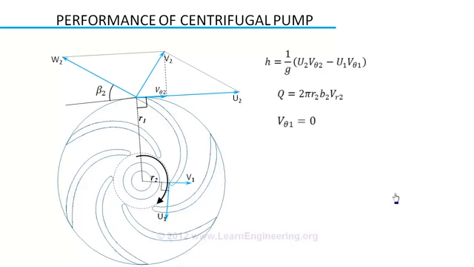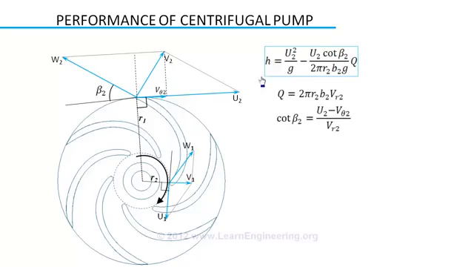So the energy head developed by the pump simplifies like this. Blade angle can be easily derived like this. You can easily substitute a value for V theta using these two equations. Finally we get the most important performance equation of a centrifugal pump: how energy head varies with flow rate.